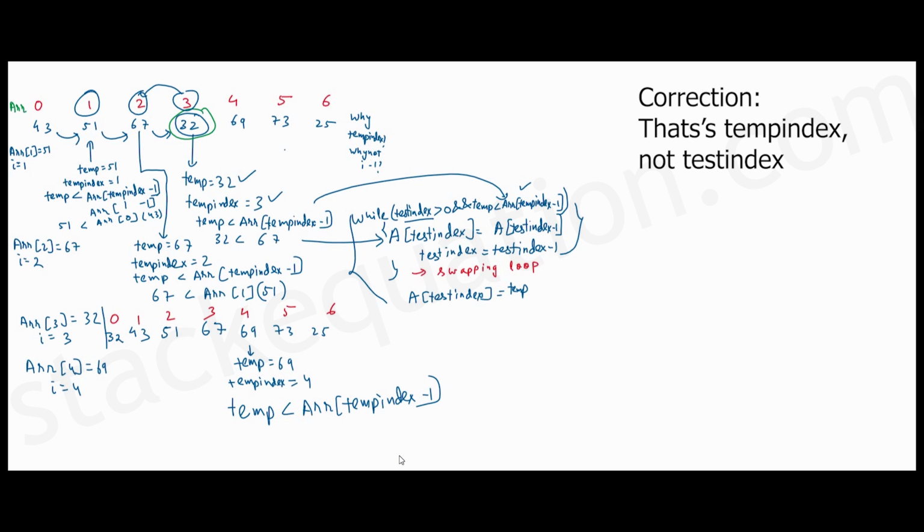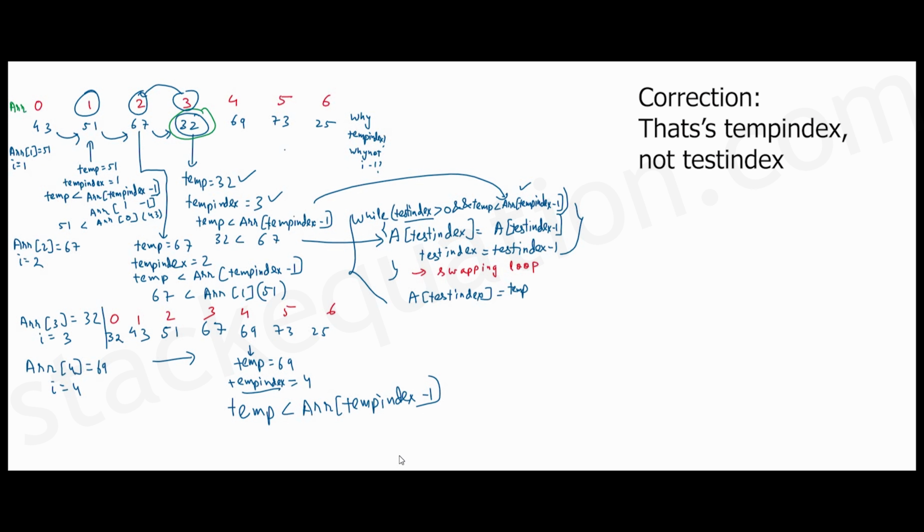If I use I here, then the main loop won't be able to traverse through the rest of the elements. So we are actually using two loops here, right? One is to move through the elements one by one, and then when we find a misplaced element, we use temporary index to put that element in its right place.